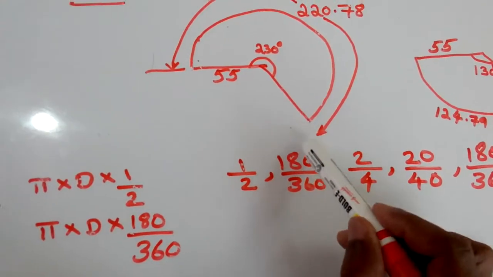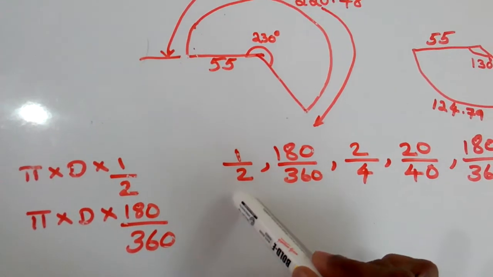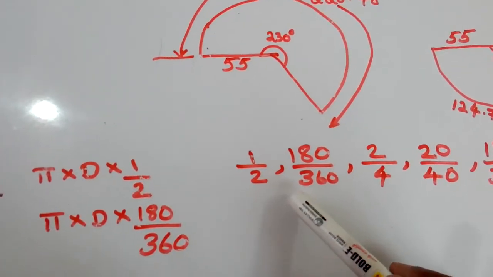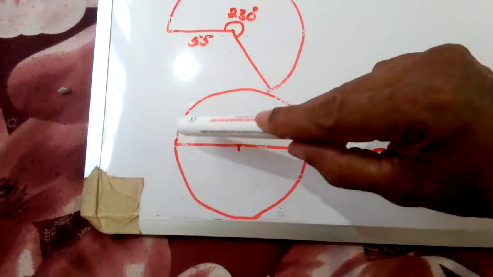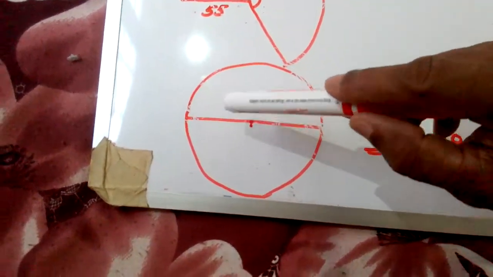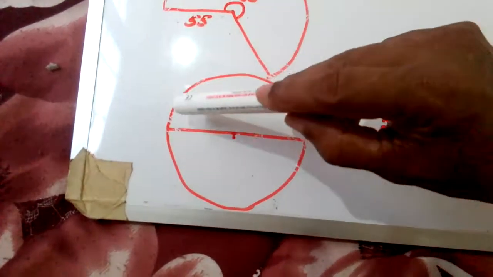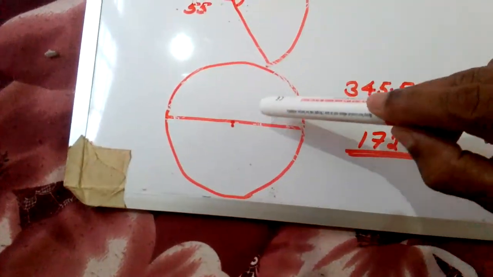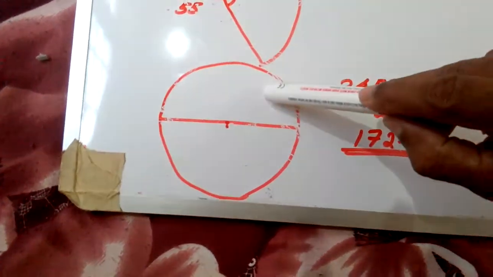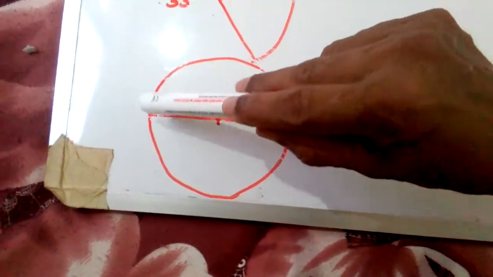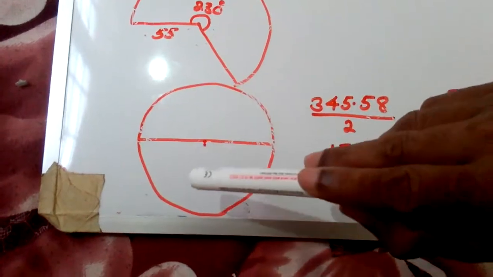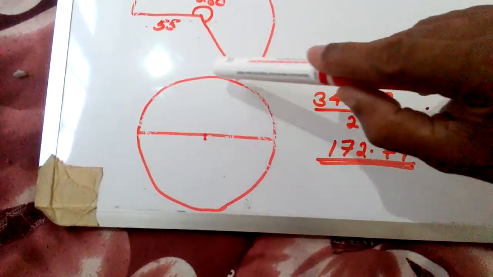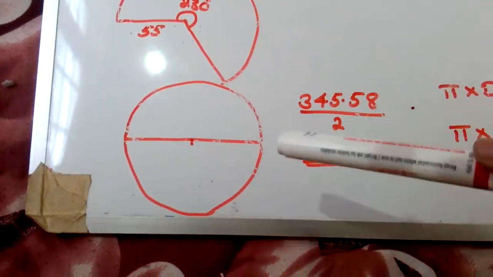So 180 by 360 and 1 by 2 both are the same. 180 is half, 360 is total.